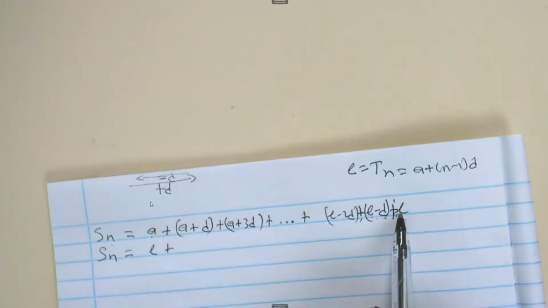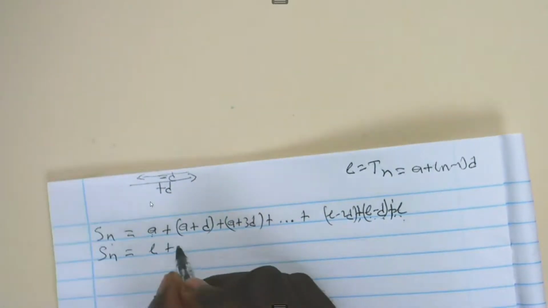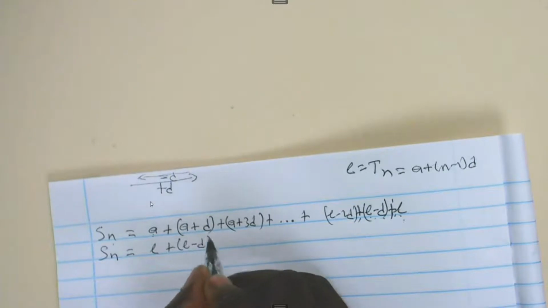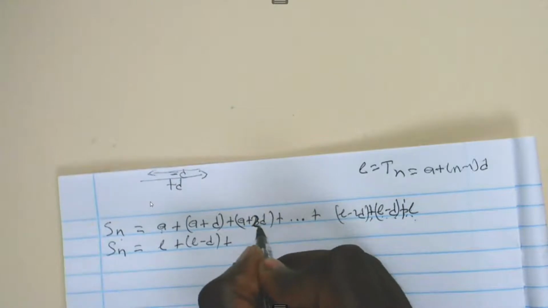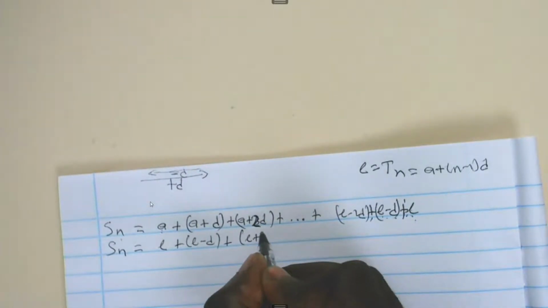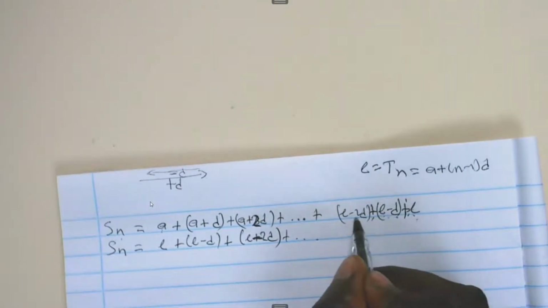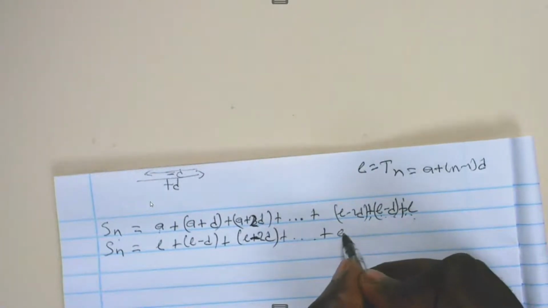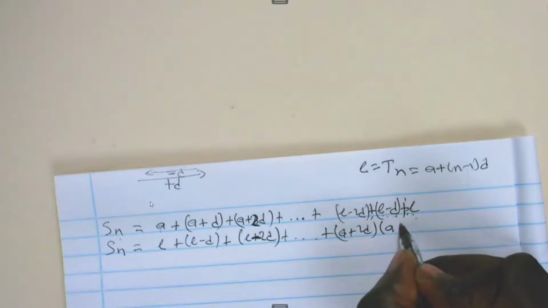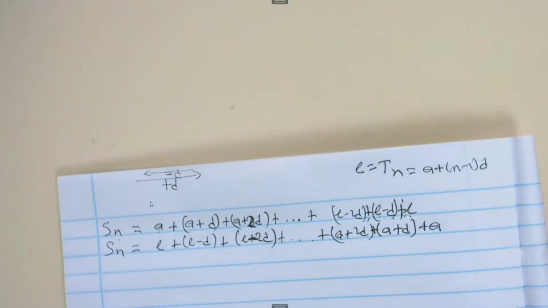We have L as the last term, and then L minus d plus L minus 2d, and then this continues because there are terms before that, plus a plus 2d, plus a plus d, plus a. There are our two sequences.